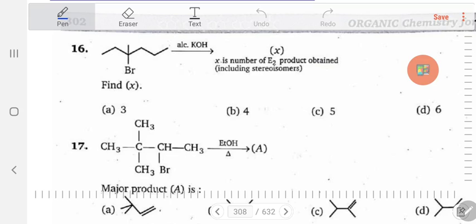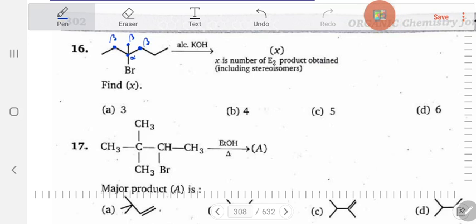Now again X is the number of E2 products obtained, right? So let me consider this as the alpha carbon. Now this is the beta carbon, there is another beta here, this is also beta, right? So alcoholic KOH can abstract hydrogen either from this one or this one and this one. So there are three possibilities because there are three beta hydrogen systems.